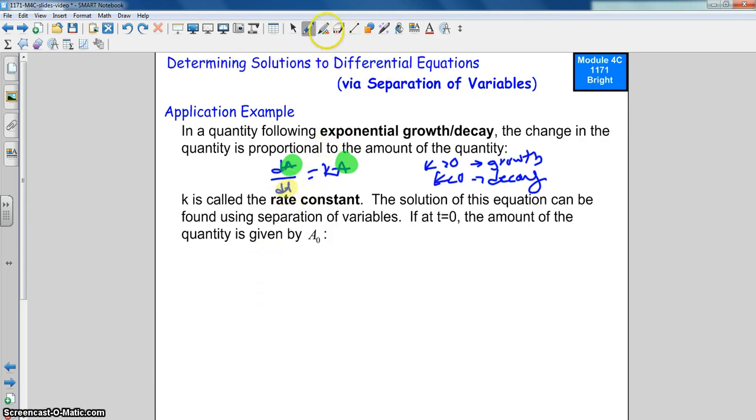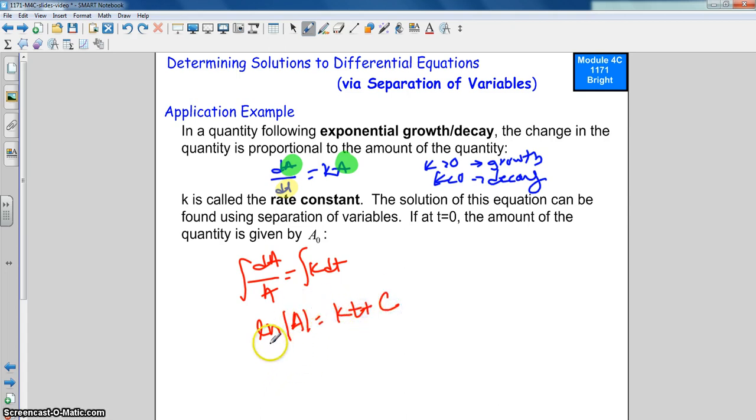So I'm going to go ahead and solve this. We do this in the notes, so feel free to reference that as needed. Separating this, I get dA over A is equal to k dt. Integrating each side, I get ln of the absolute value of A is equal to kt plus c.